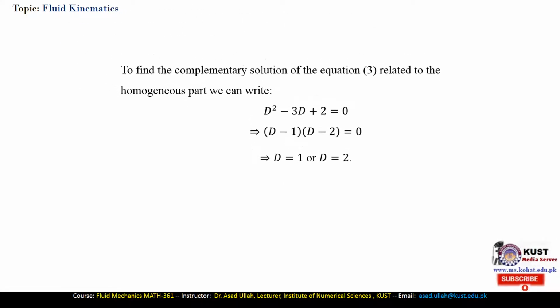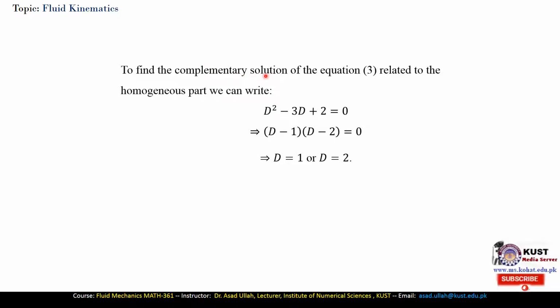To find the solution of equation 3, there are two solutions related to it. Number 1, the complementary solution. Number 2, the particular solution. For the complementary solution, we take the homogeneous part, and for the particular solution, we take the non-homogeneous part.